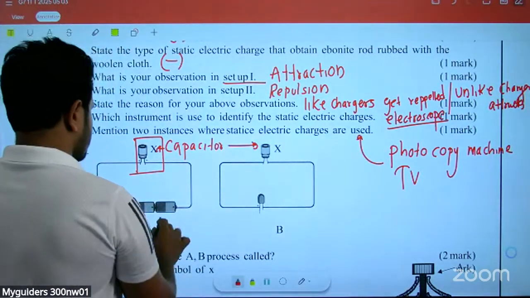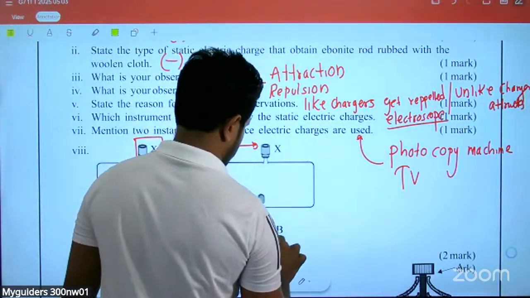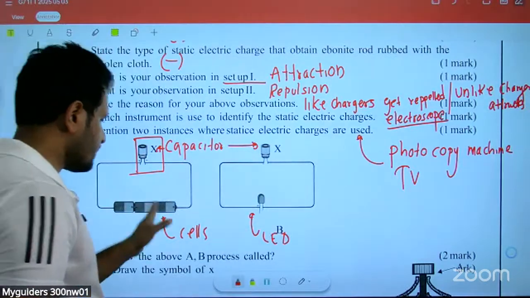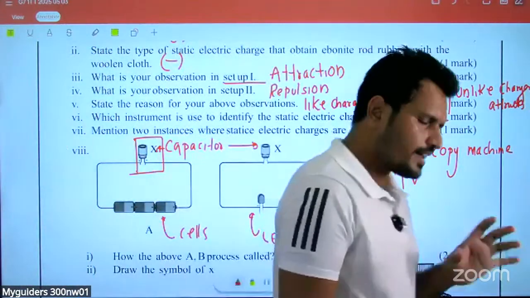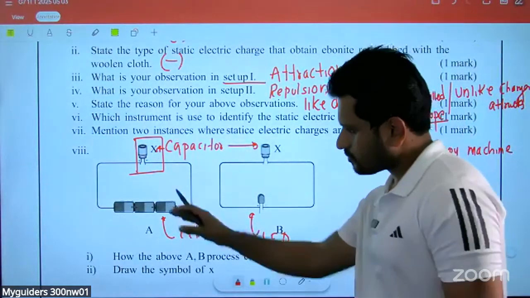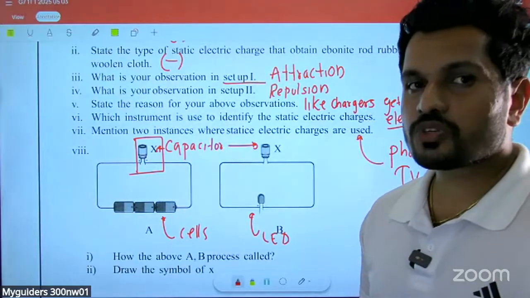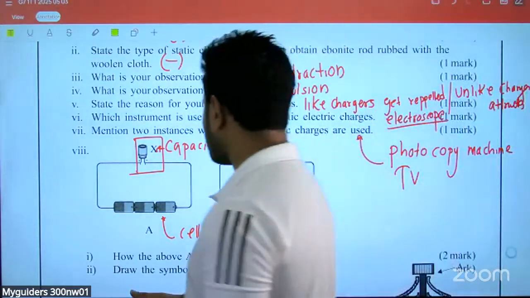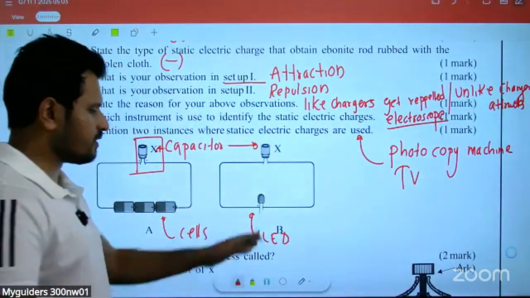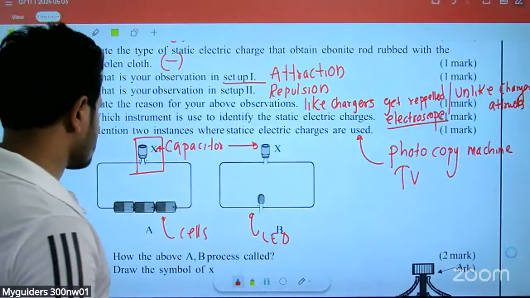So here are some cells and an LED. Once you connect the cells together, you can observe the capacitor starts to charge. But here, what happens? It will discharge the stored amount of electric charge.